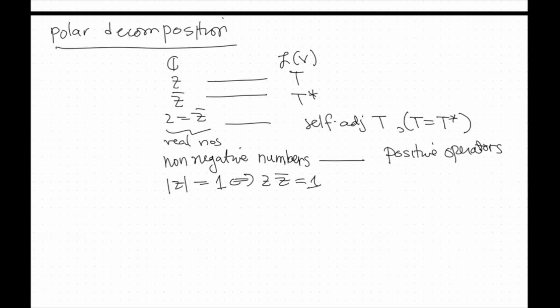Under this correspondence, we have here T star T is equal to I. So here, T is an isometry.